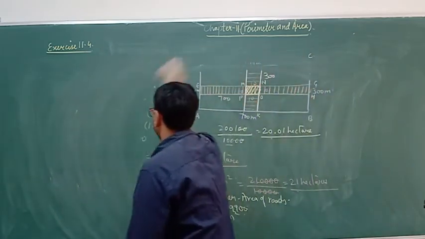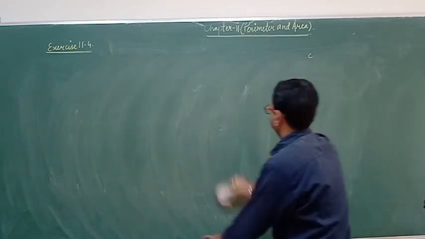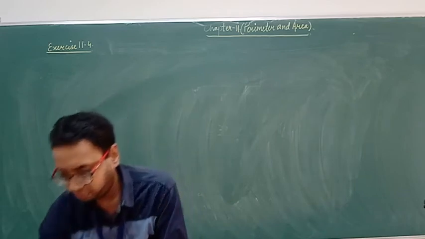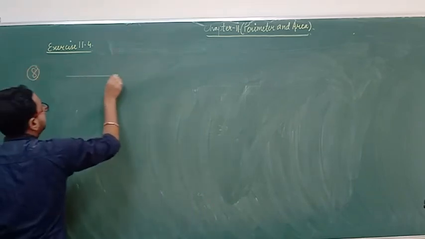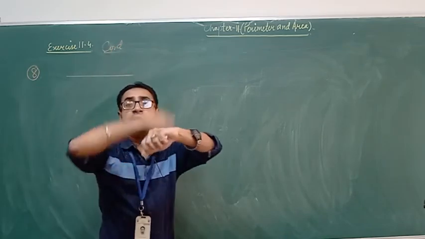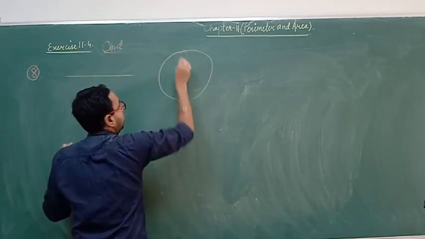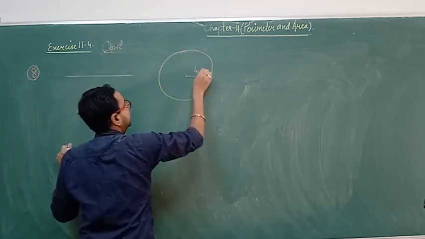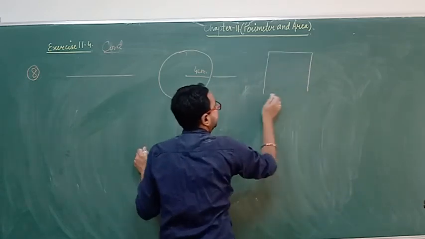Question number 8. Wrap a cord. Cord means complete wire, circular wire, complete wire. A cord is wrapped into a circle of 4 centimeter radius, and then she converted it into a square of 4 centimeter.